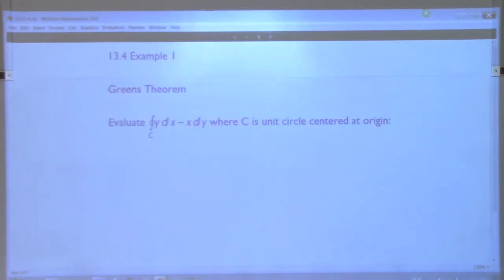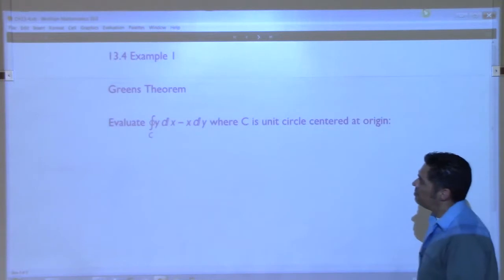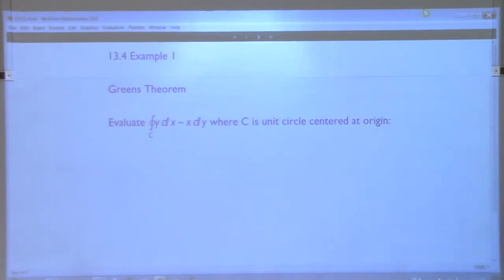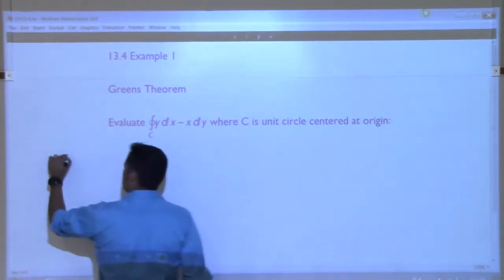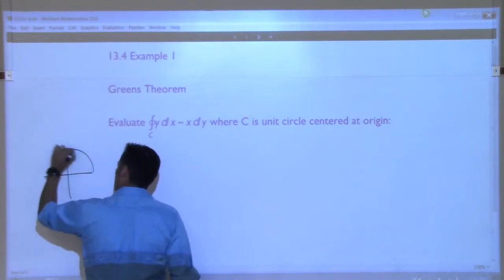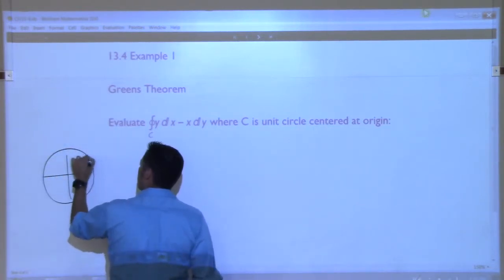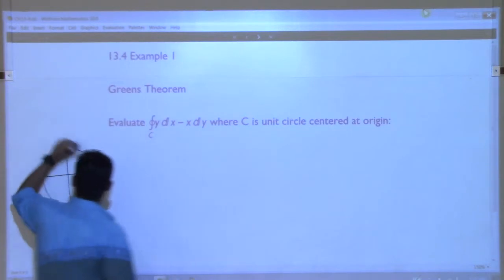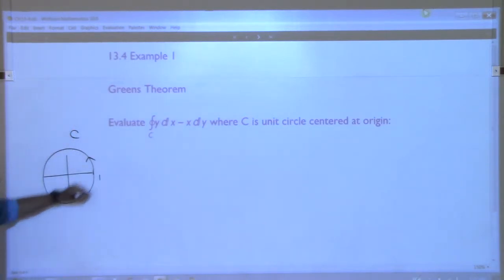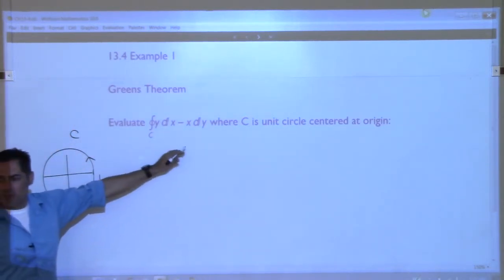All right, so I think the best way to see how this theorem works is to just do an example. So we have this line integral over C of y dx minus x dy, and C is the unit circle centered at the origin. So what we're trying to do is go along this unit circle, right? This is our C. Trying to go along this unit circle and evaluate this line integral.